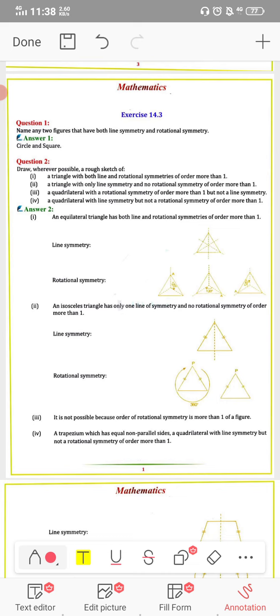Now moving on to the next part: draw, wherever possible, a rough sketch of the first question, a triangle with both line and rotational symmetry of order more than 1. You have to draw a triangle in which we have both line symmetry and rotational symmetry.